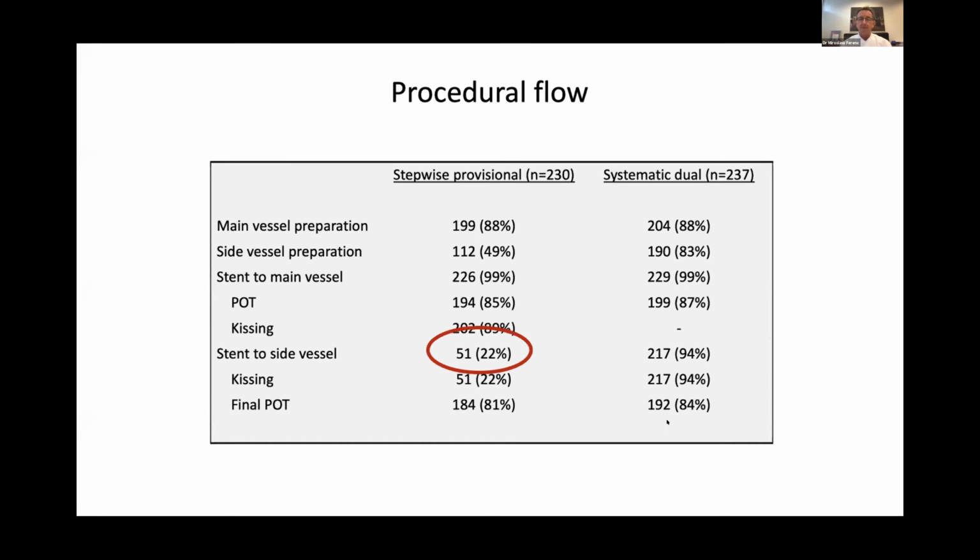But one important message from this slide to take with you: crossover was allowed, of course, and this crossover was 22%. So in around 80% of patients in the provisional arm, the lesion could be managed using one stent.